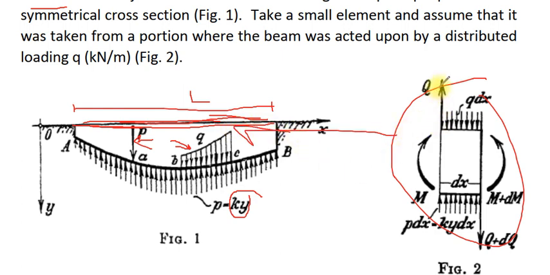Here Q, and on this side Q plus dQ, where Q is the shear, because we consider an element with thickness dx. Q dx is the applied force resisted by the soil pressure, P dx, which is equal to Ky dx.